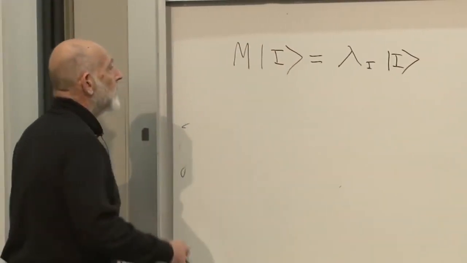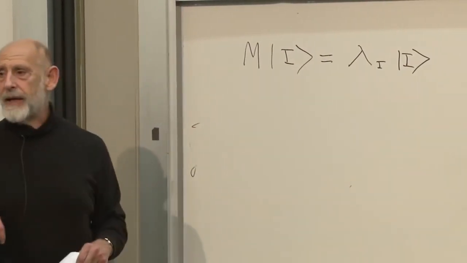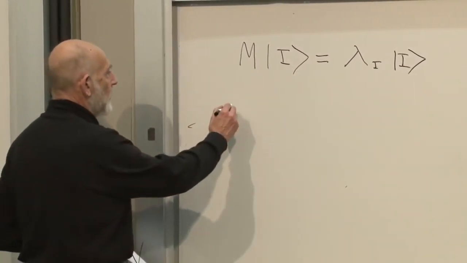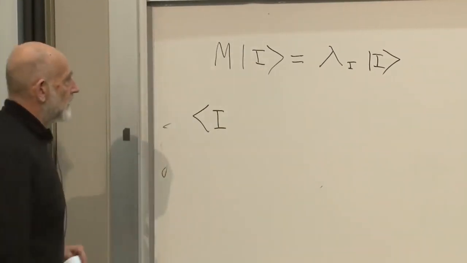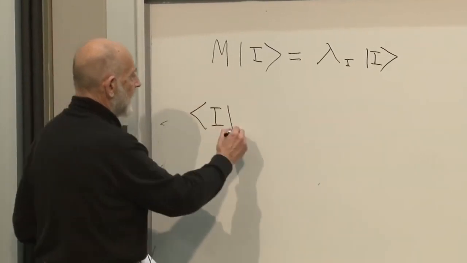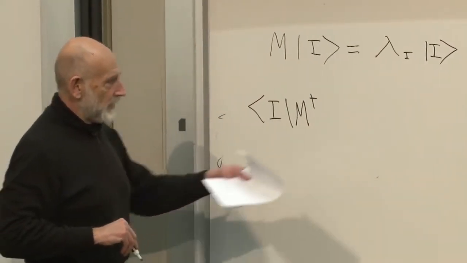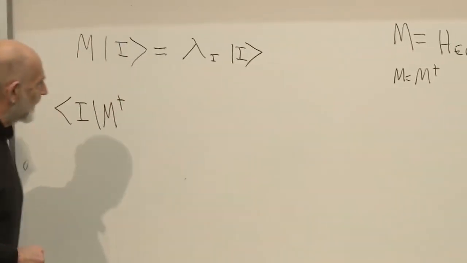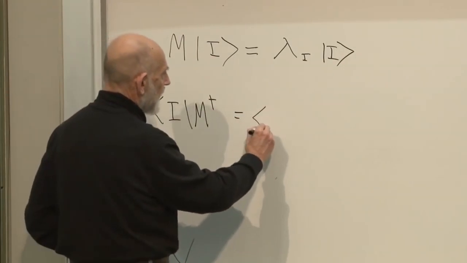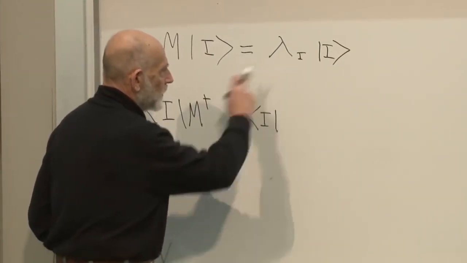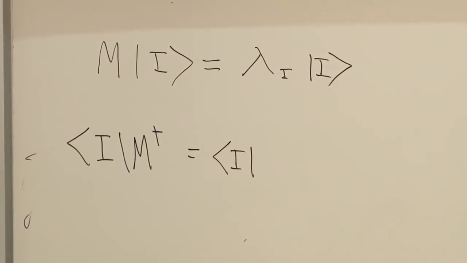Well, let's take this equation and flip it over into a bra equation. To flip it over into a bra equation, I take M and I replace it by M dagger. Well, that's not going to do much because M is equal to M dagger. And on the right-hand side, I flip I, and what do I do with lambda in general?